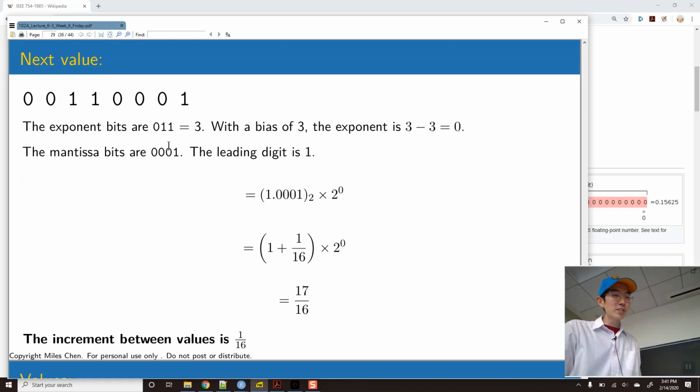So each bit, right? We have 0.0001. So my mantissa with the leading one is 1.0001. That represents 1 and 1/16. My exponent is still 0. 2 to the 0 is 1. So this becomes 1 and 1/16, and this is 17/16. So my increment is no longer 32nds, but my increments are now 16ths.